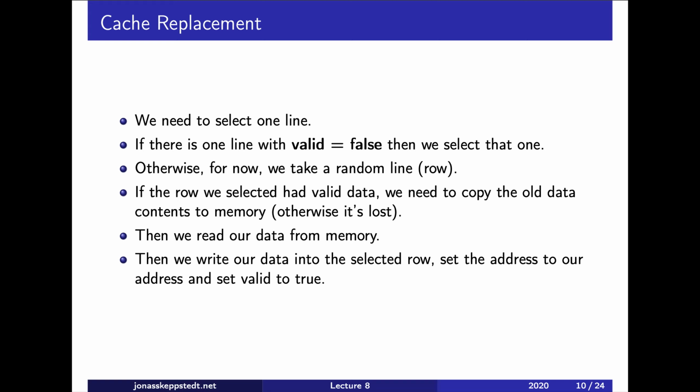If we collect some statistics, then we can avoid overwriting a cache line which is actively used. But for now, we just take a random line.